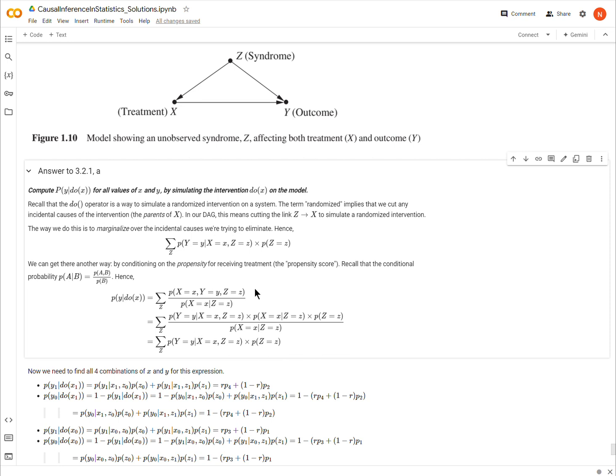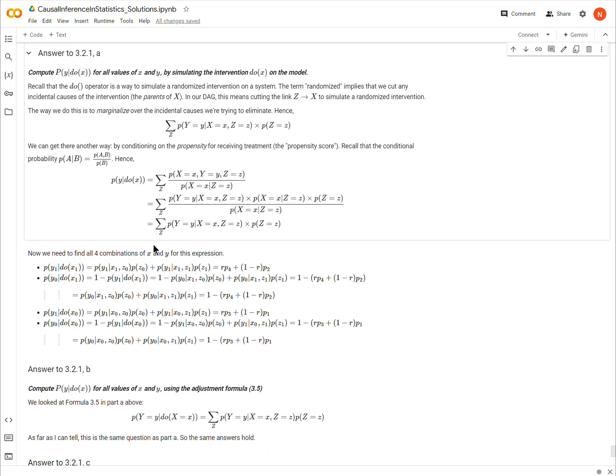Now notice that we have the probability of X given Z in both the numerator and denominator. We can cancel those out, and what we get is just the expression we already derived up here.